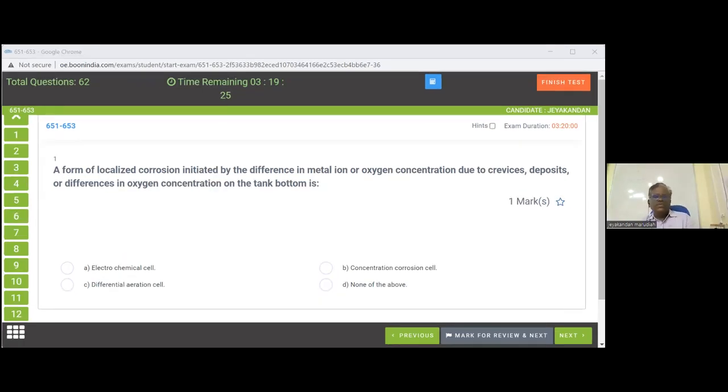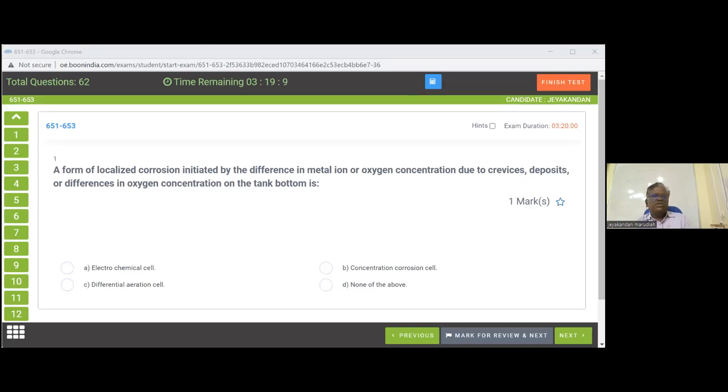We will mark the answer also if anything is missed. So concentration cell corrosion. The answer is here.